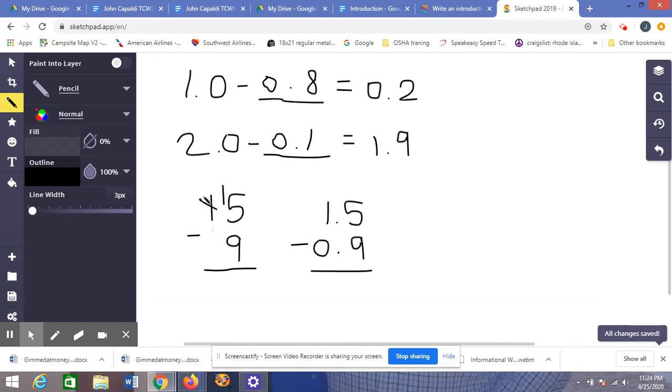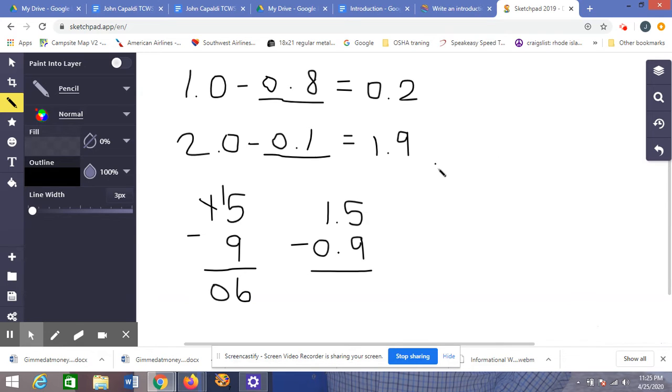So now I took that 10, I broke it up into 10 ones, and now I have 15 minus 9 still. But the idea is we got to borrow from the next place value. So then 15 minus 9 is 6. And then I subtract my tens. 0 tens minus 0 tens is 0. So our answer was 6.